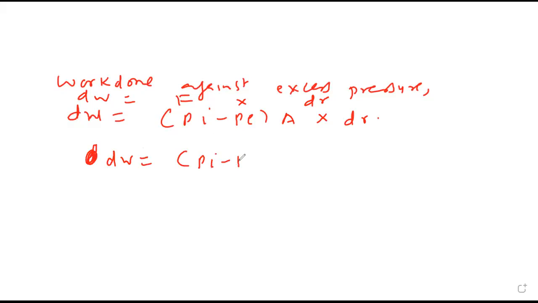So dW is P internal minus P external, area at that instant 4 pi r square, into dr. Equation 2.